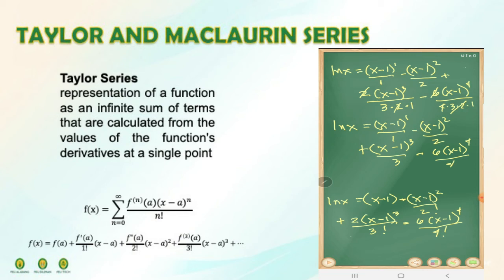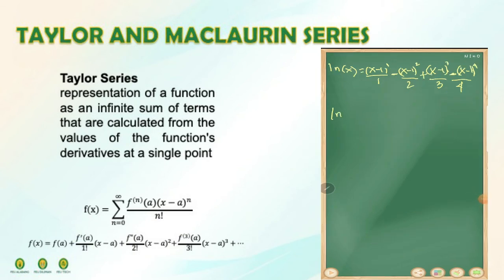So simplifying that into a summation form, ln of x is equal to the summation, so let's start with n equal to 0 and go to infinity. When n is equal to 0, we need to get 1 as an exponent. When n is equal to 1, we need to get 2.